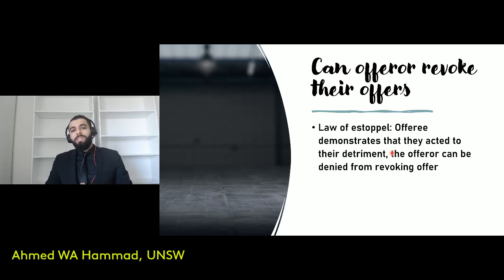These are cases where the offeree had accepted the offer and had acted in a way that was to their own detriment. So they relied on the offer that was made, and they performed conduct. Let's say, for example, there was an offer for building a house, and the offeree had already started building that house, so they acted to their own detriment.